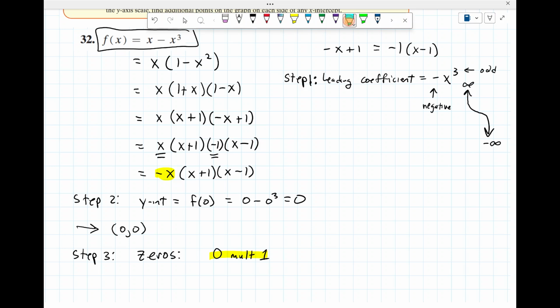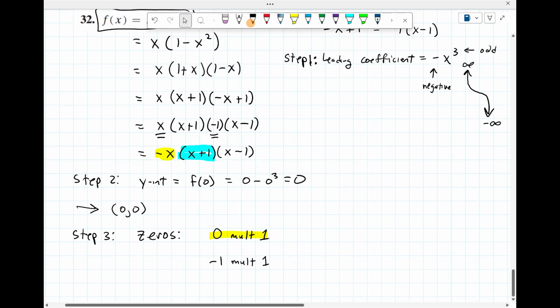Look at the next factor, x plus 1. That tells me that negative 1 is a 0, and since there's no exponent, it's of multiplicity 1 as well. Looking at the last factor, we have x minus 1, which means that positive 1 is also a 0, and this has, again, multiplicity 1.